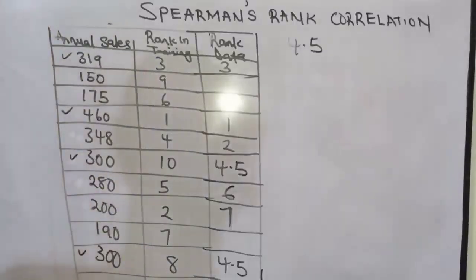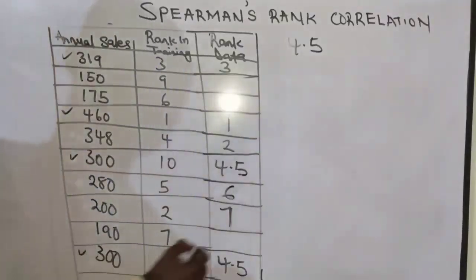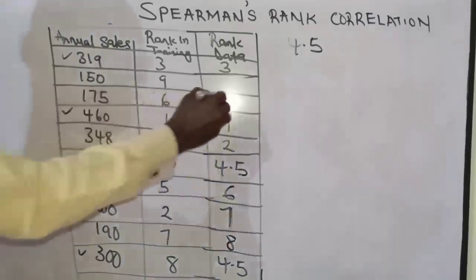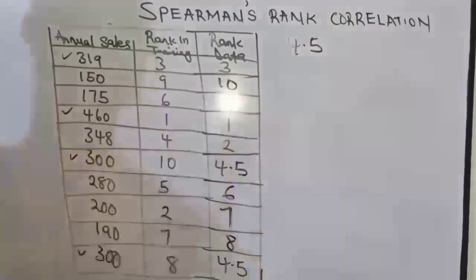After 200, the second highest number here is 190, so this will be 8. This will be 9, and this will be 10.